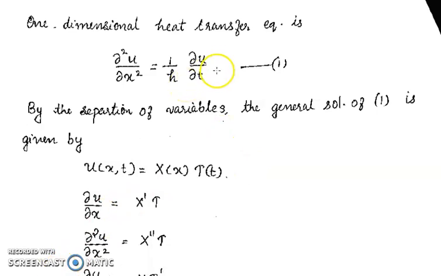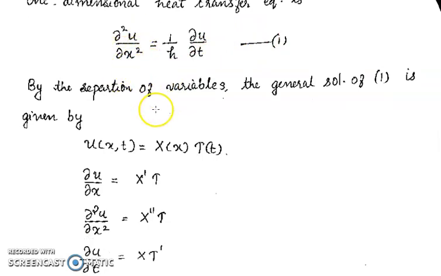Then we have to find the partial derivatives in equation 1. Here we have ∂²u/∂x². So first we consider ∂u/∂x, where u equals X times T. Therefore, to differentiate u with respect to x, capital T is a constant.